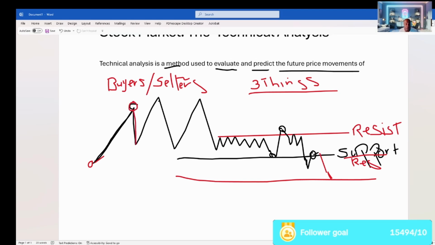It's a fight. There's nothing more in the stock market every day: buyer and seller. And sometimes it goes one way, which we call sideways.